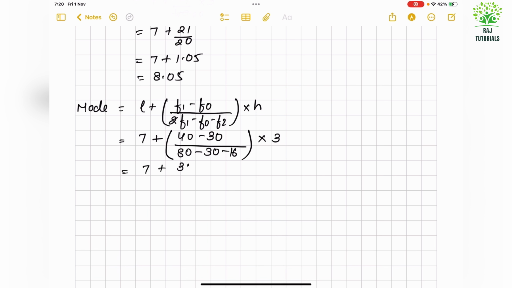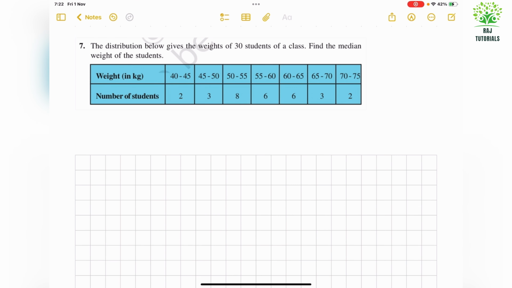So 7 plus 30 by 34. So that is coming 7 plus 0.8. So 7.8. Now 7th question says the distribution below gives the weight of 30 students of a class.